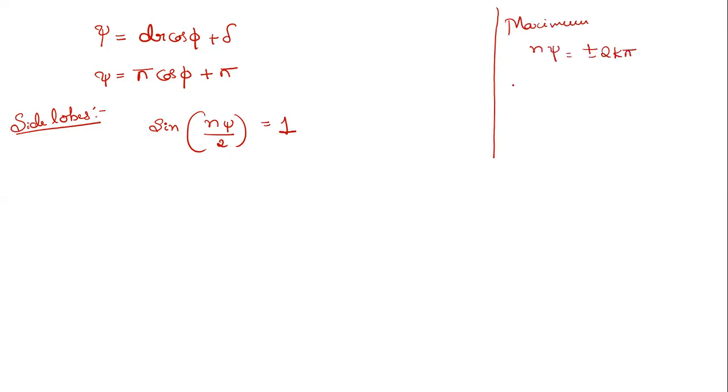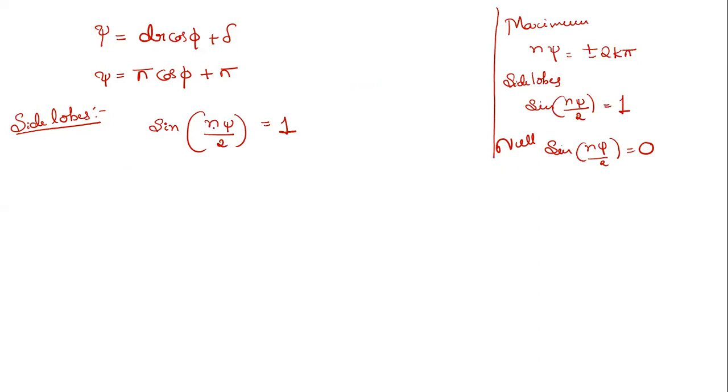To obtain side lobes, let me always use this equation, sine of n psi by 2 equal to 1. And finally, I need to have nulls, so sine of n psi by 2 equal to 0. Using all of this, we will obtain the lobes, side lobes, nulls, and then we will write the radiation pattern.